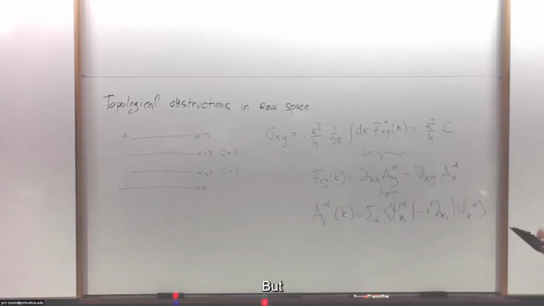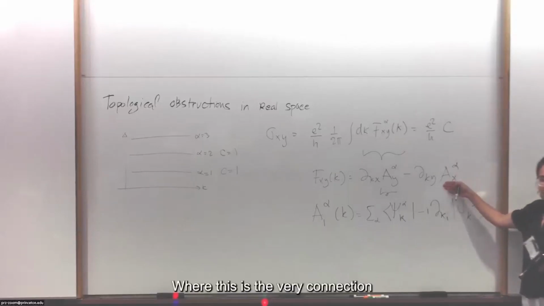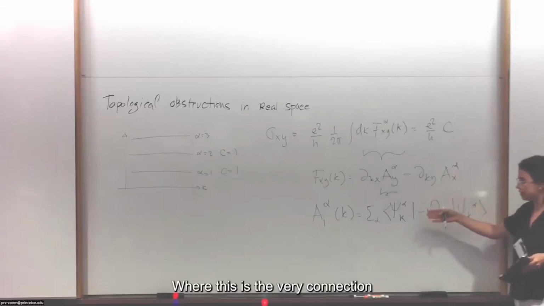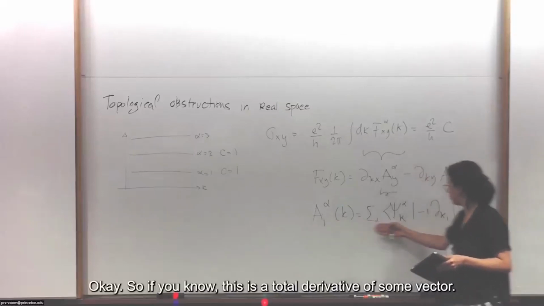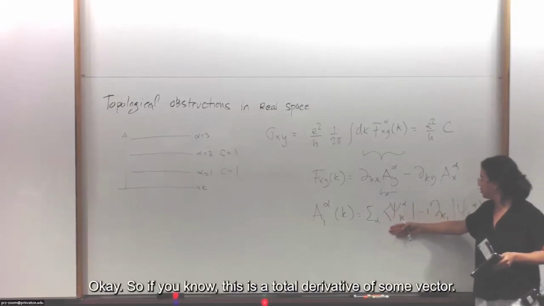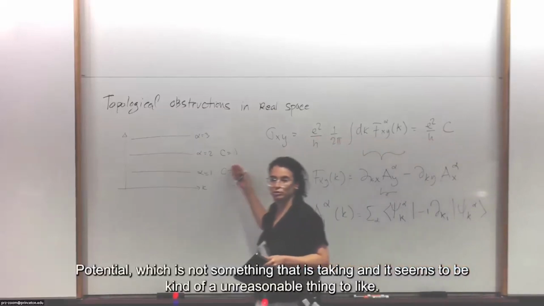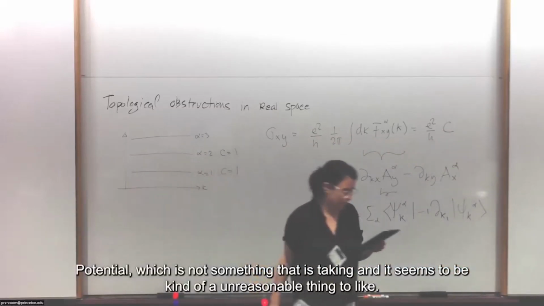Okay, so this is a total derivative of some vector potential, which is not something that is taken very seriously, it's just a quantity that you would have depending on the actual structure of the wave functions. And it seems to be a kind of an unreasonable thing to write, right? You write this operator, and somehow you have a number that has something to do with the transport.